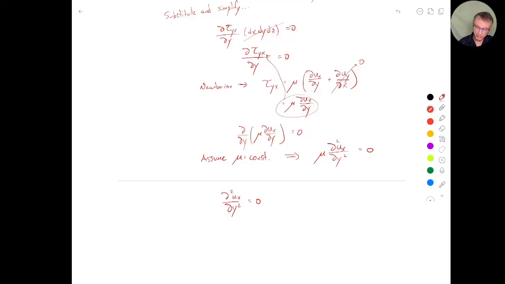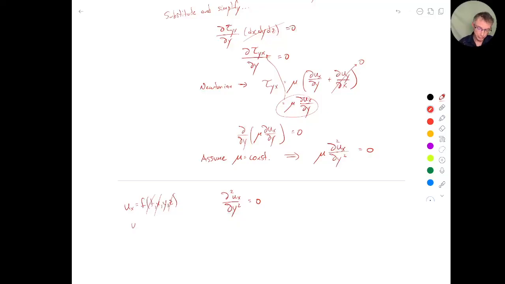And the reason we can do that is, think again over here. The ux velocity in general could be a function of time, x, y, and z, right? But we said that the flow is steady, so it's not going to be a function of time. We said the flow is fully developed in the x direction, so it's not going to vary in the x direction. And we said the flow is planar, so it's not going to vary in the z direction either.